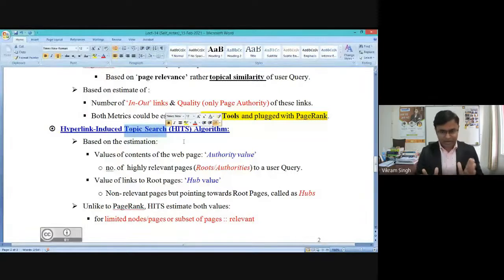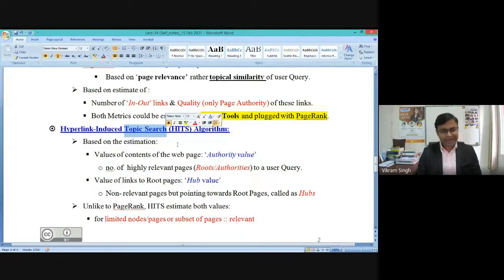Both options are available, because it does not have any direct bias towards the user query. But HITS depends on the user query. So that is the main difference between HITS and the basic or modified PageRank algorithms.